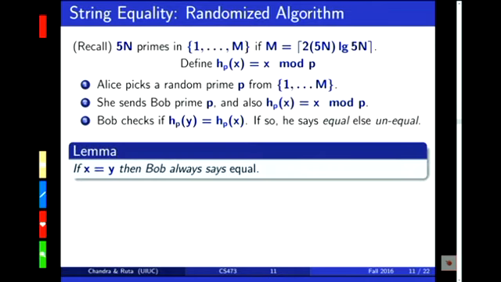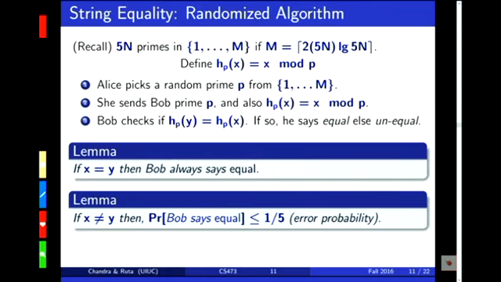But it may happen that x and y are not the same and still hp of y equals hp of x. Then that's an error: the strings were unequal, but Bob said equal. But what is the probability of that happening? We will say that it is at most 1/5.